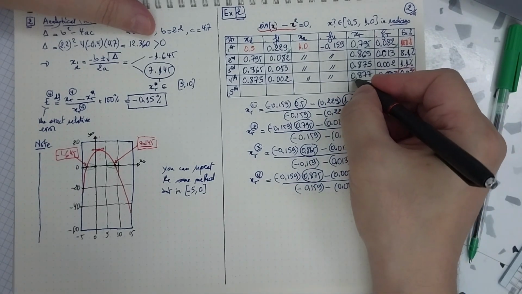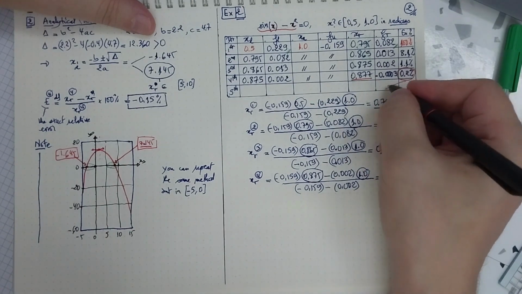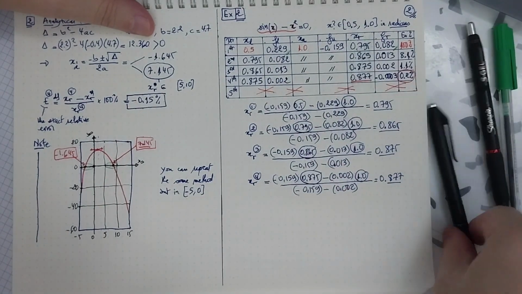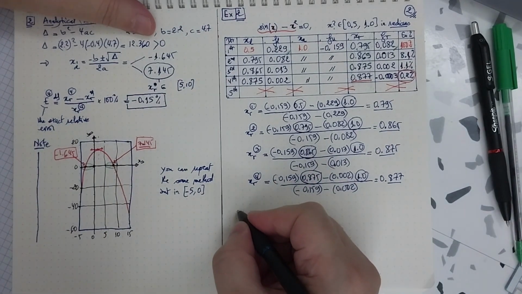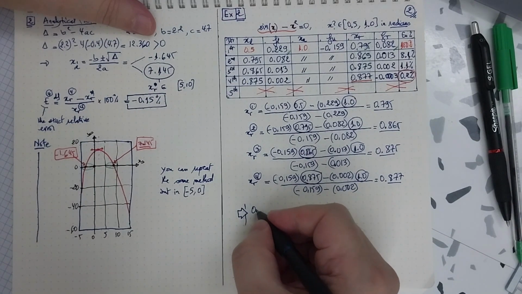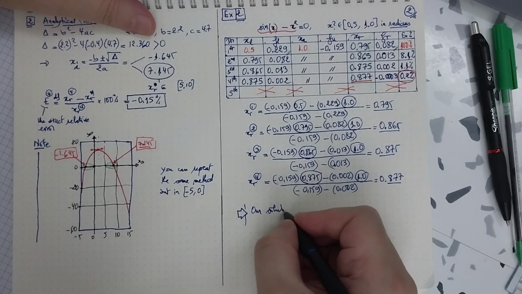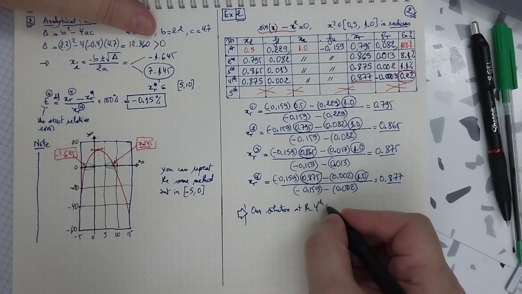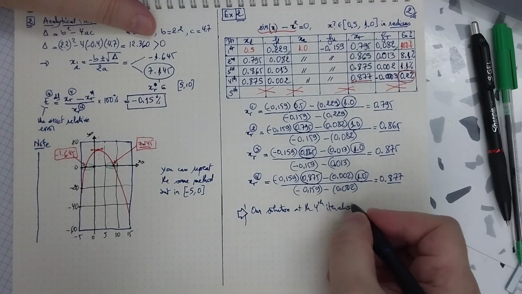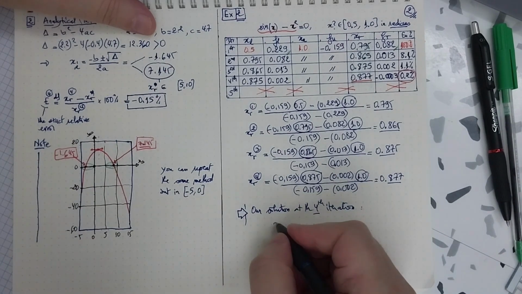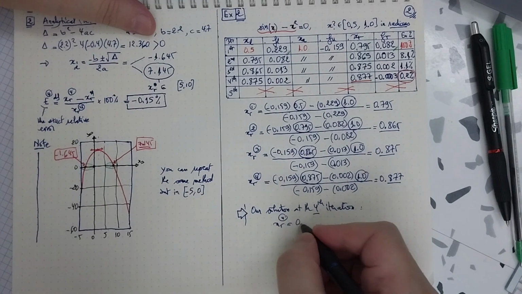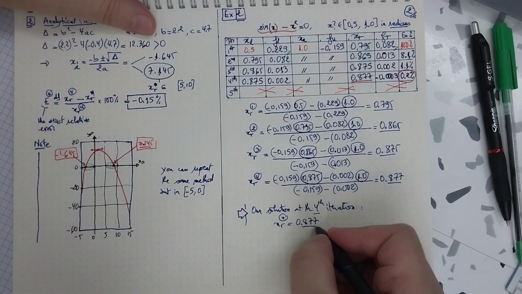And our solution is this. We don't need the fifth here. So we can write here our solution at the fourth iteration is XR4, 0.877.